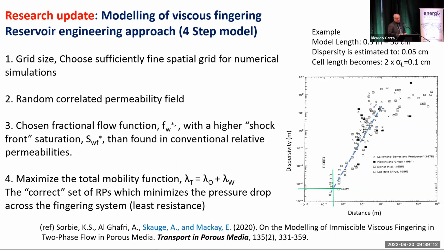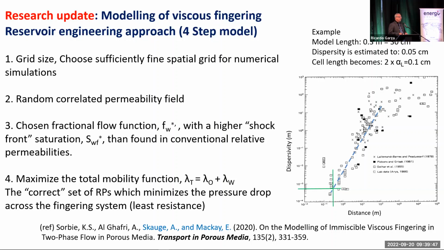And the block length should be 2 times the dispersivity, and it comes to 0.1 centimeter or 1 millimeter. So if I want to model this viscous unstable process on, for instance, a 2D, 30 by 30 centimeter model, I will have 300 by 300 blocks in order to describe this system in a good way.